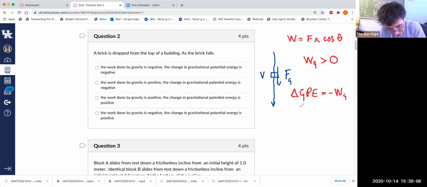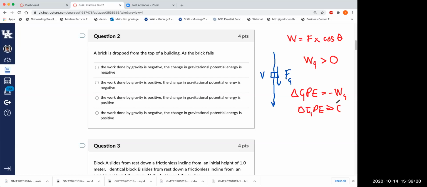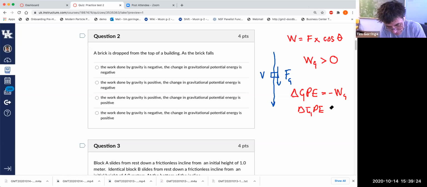So in this case, the gravitational potential energy change is going to be negative, which is not what I've written. It is going to be less than 0.